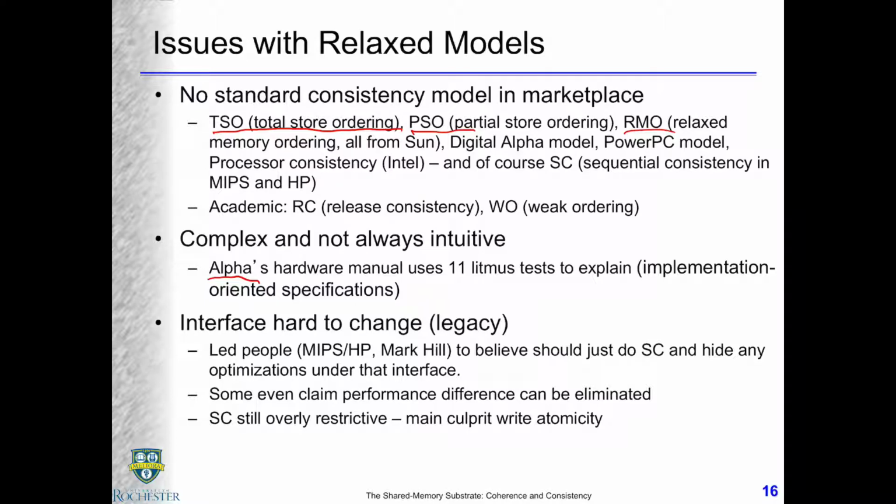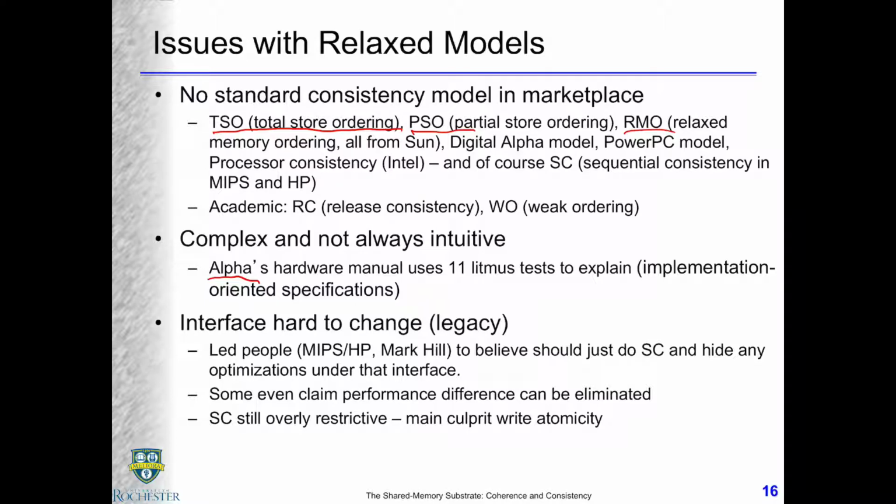IBM PowerPC has their memory consistency model. Intel had their own model. It's called processor consistency. And of course, sequential consistency is one that people are widely in agreement about the details. These are found in actual products.